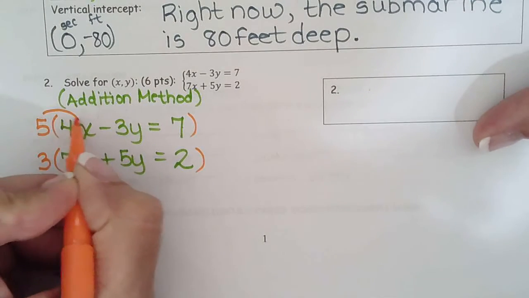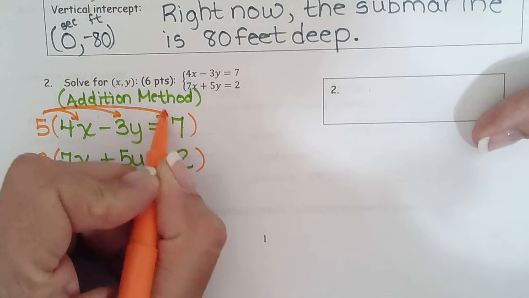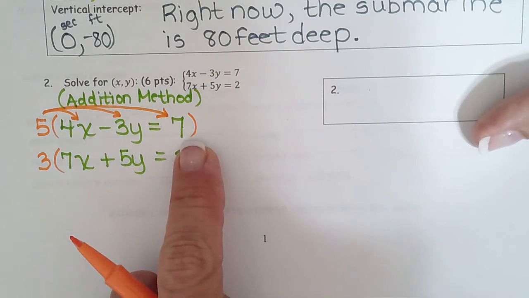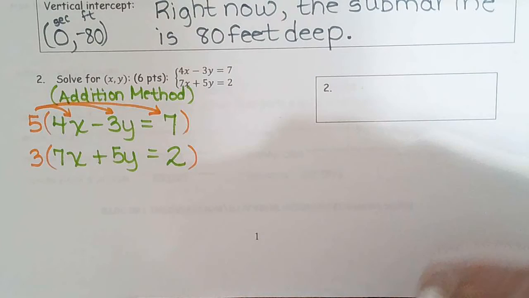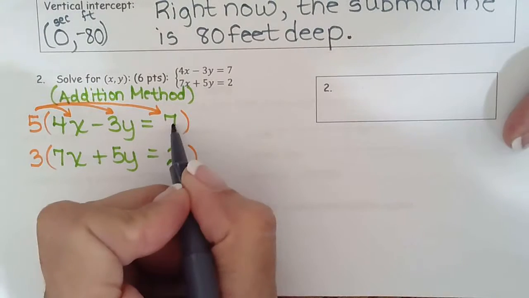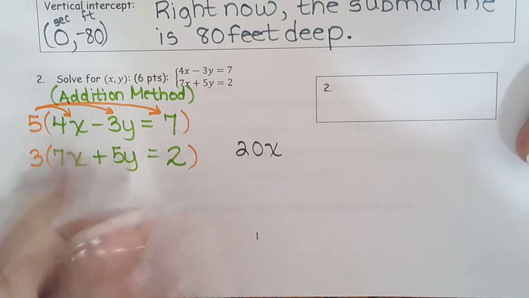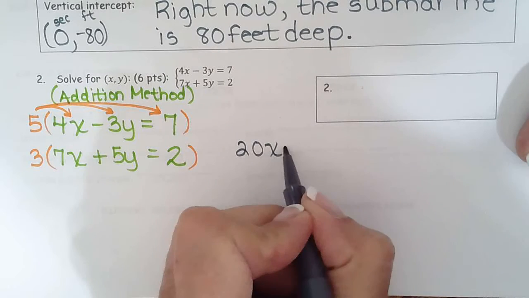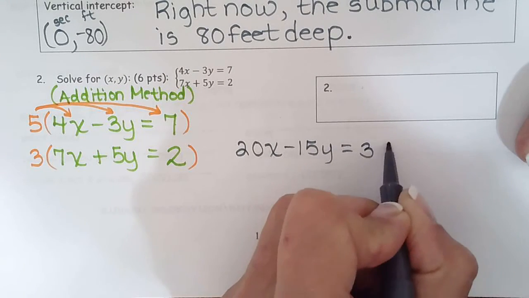So probably the biggest mistake made on addition method, as I told you when we were learning it in the videos, is students forget to multiply every single term by it. So you do have to do that. And so that leaves me with, don't forget this number over here. So I have 20x minus 15y equals 35.